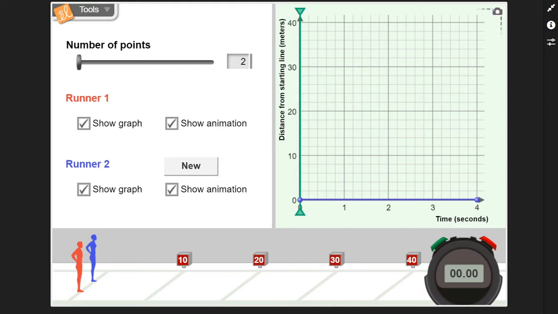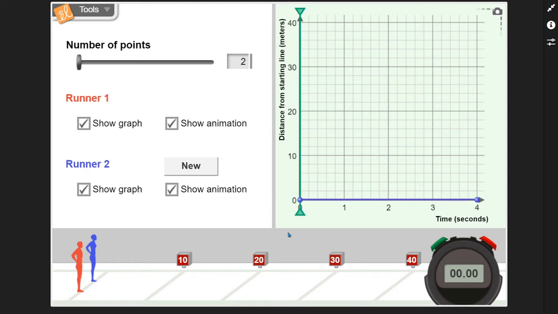So the first thing I'm going to show you is now we have two runners. We have a red man and a blue woman. And if you look at their graphs, you can only see the blue line at the moment, but there's two lines there. You can see that there now. Okay, if you look at that, you can see there are two lines and they are horizontal, lying across the horizontal axis, the x-axis.